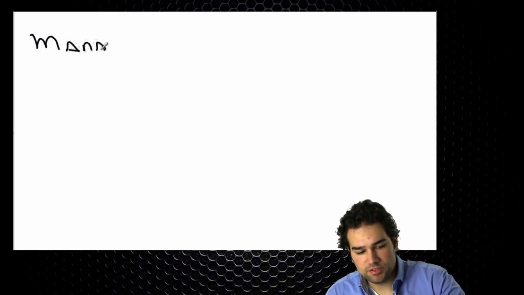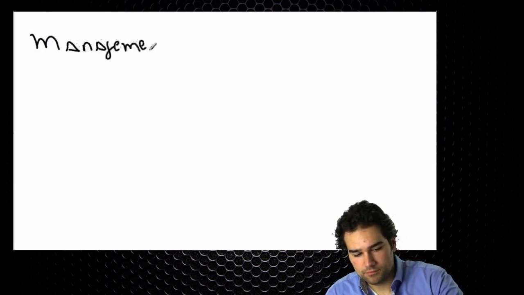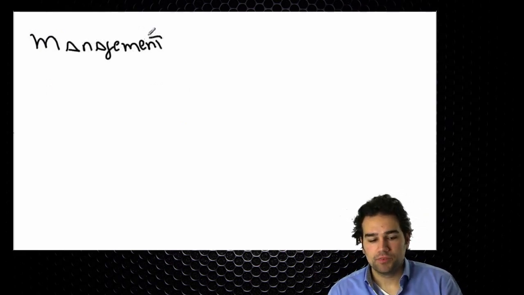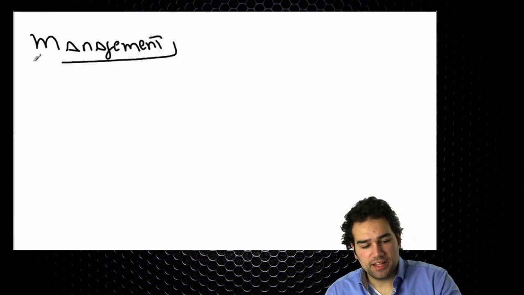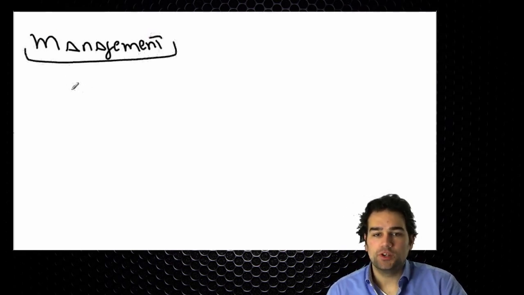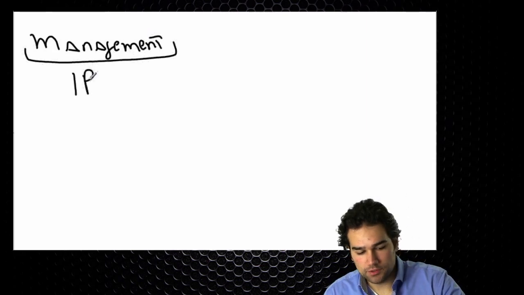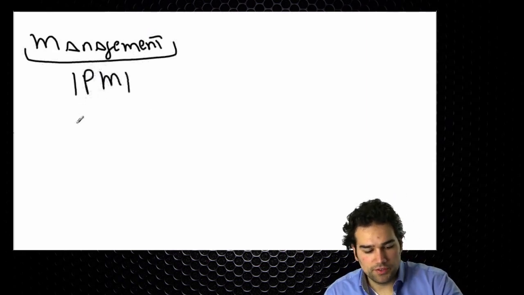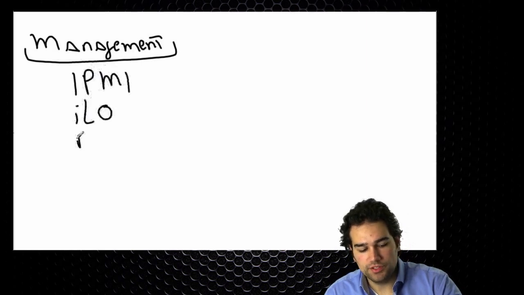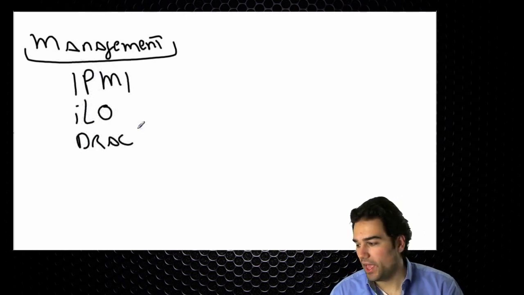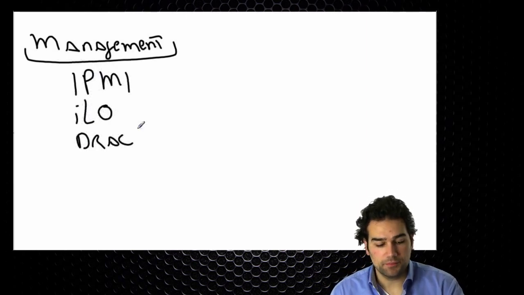Another thing is management access. Management access to the blades means that, of course, the blades need to be managed. What do I use on other servers for that? That's called an IPMI interface, or vendor-specific ones like iLO or DRAC or whatever you want to call them. So there is something that Cisco has that does this.